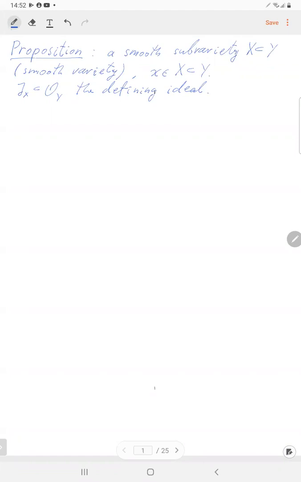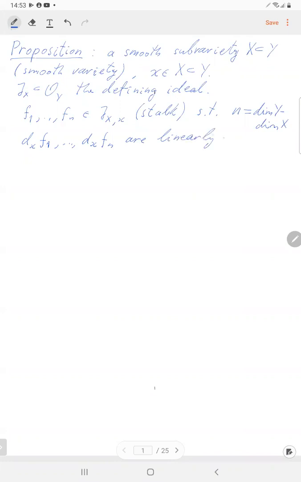So we consider functions f1 and so on, fn in the localization of this ideal at the stalk, such that first of all, n is the codimension, and also the differentials are linearly independent in the cotangent space at this point.